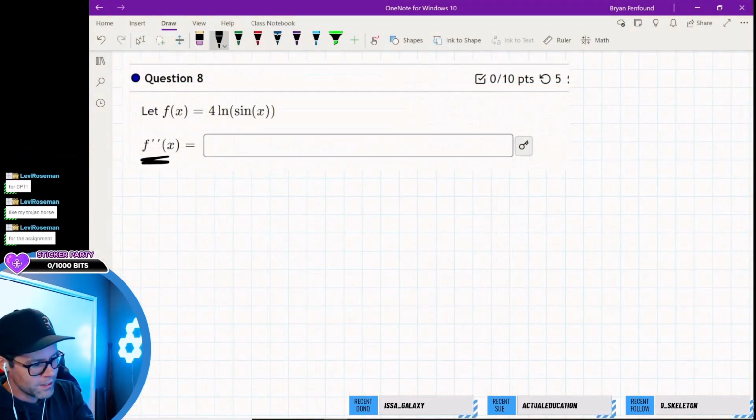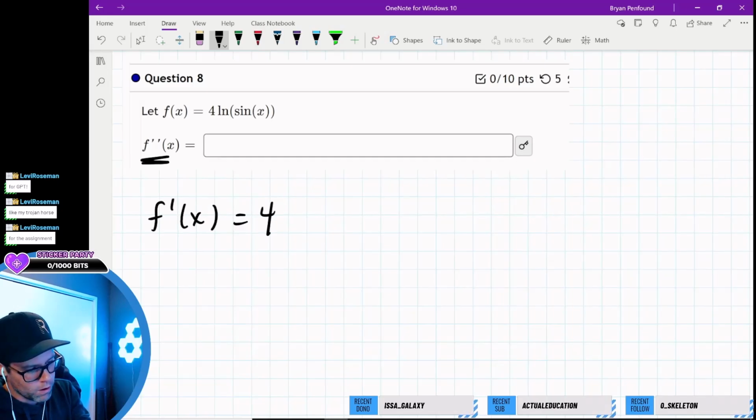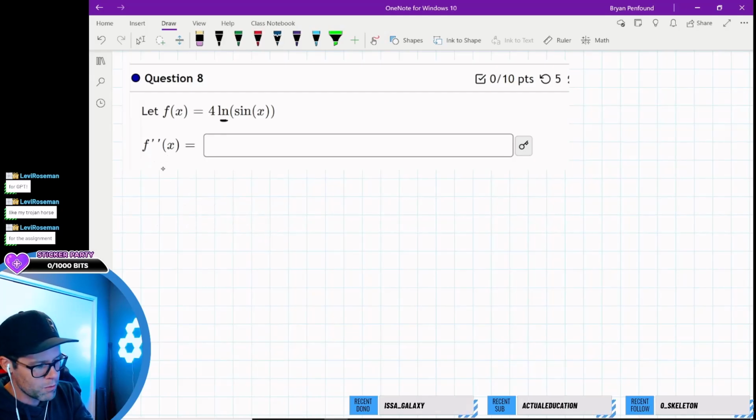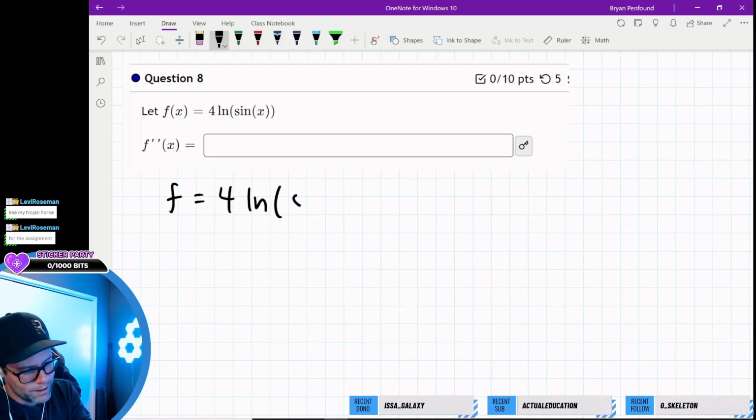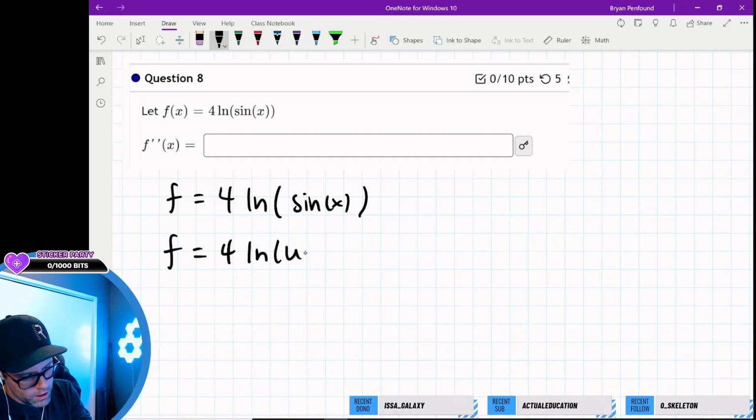Here we need to find the second derivative of this. So the first derivative of this is going to be 4. Oh, this is a tricky one. We might want to break this one up a little bit. If f is equal to 4 ln of sine of x, let's write this as 4 ln of u, where u is equal to sine of x.